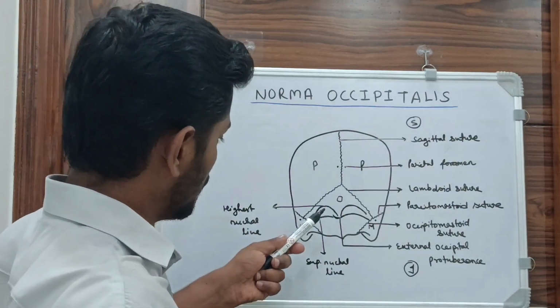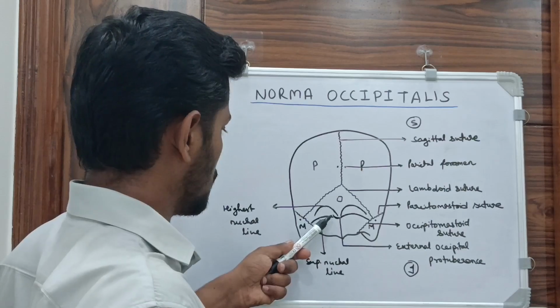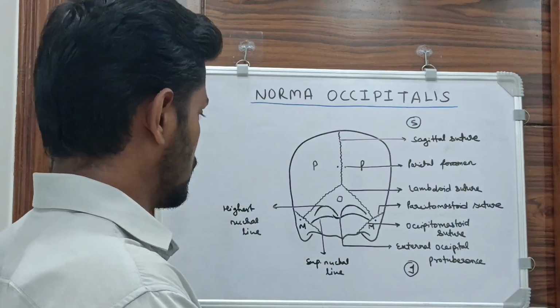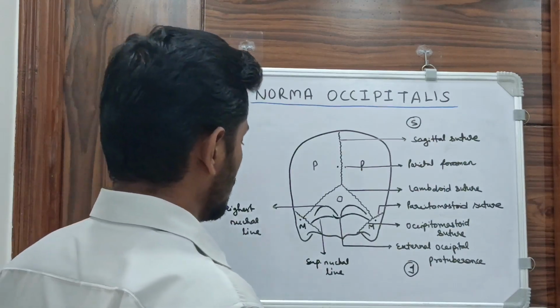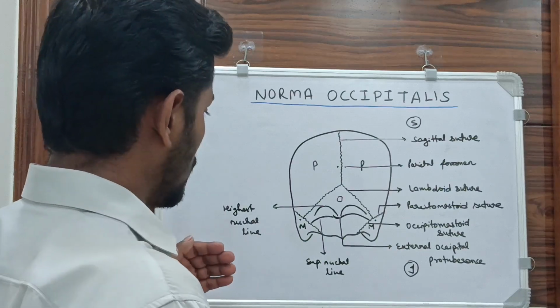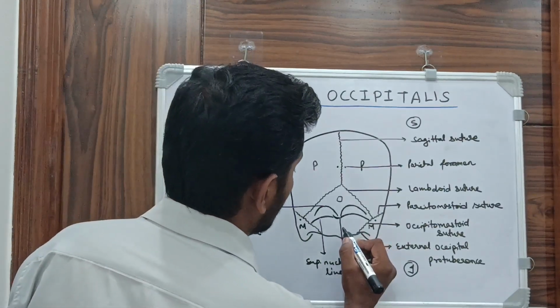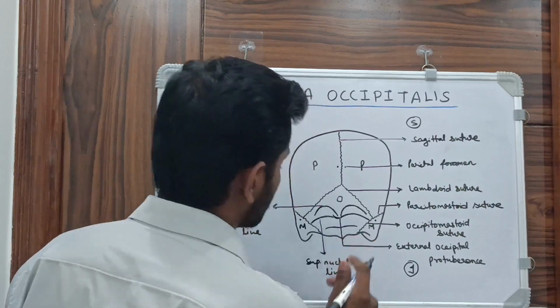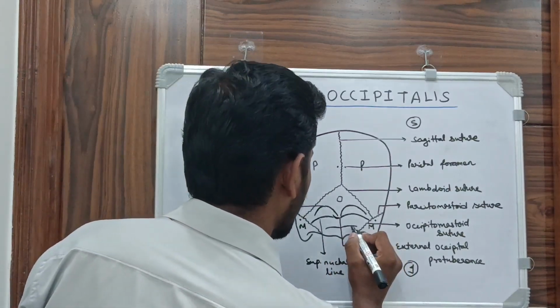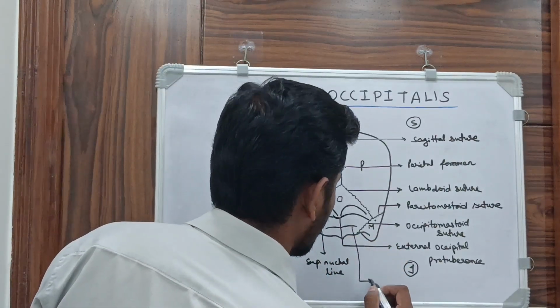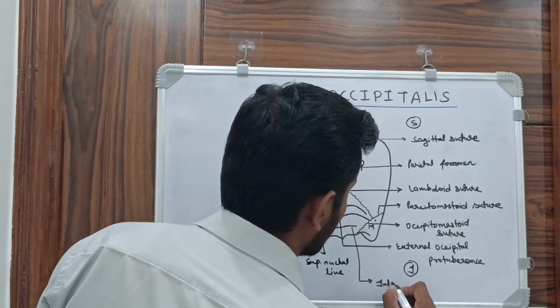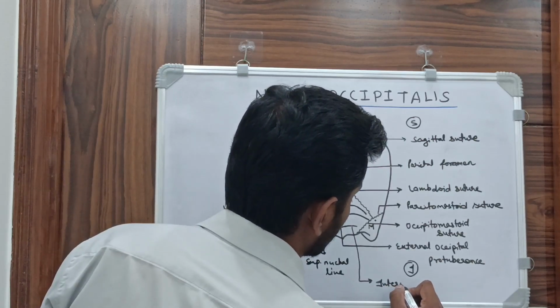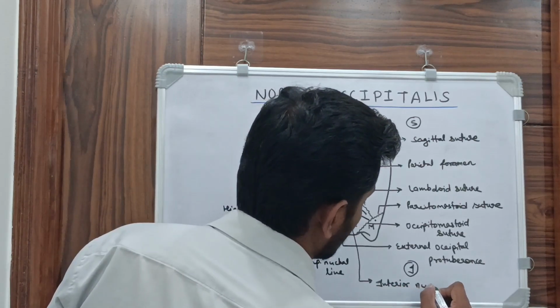And from the external occipital protuberance to the posterior part of the foramen magnum, in the midway between these two points, we have another pair of lines which is known as the inferior nuchal line.